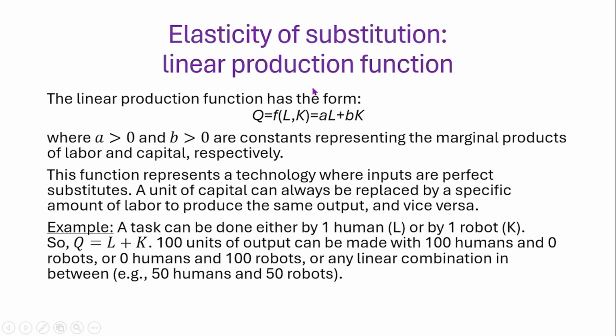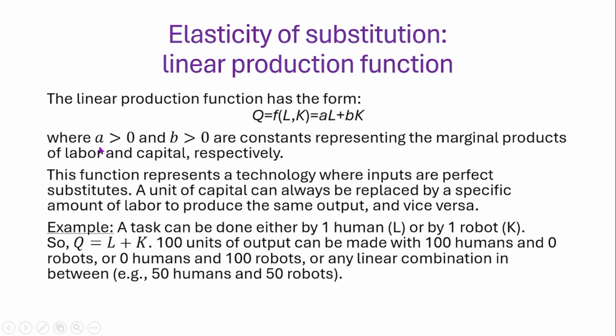Okay, now we are going to learn to determine sigma for the linear production function. As we know, the linear production function is Q equals A L plus B K, or alpha L plus beta K. That is the general form.